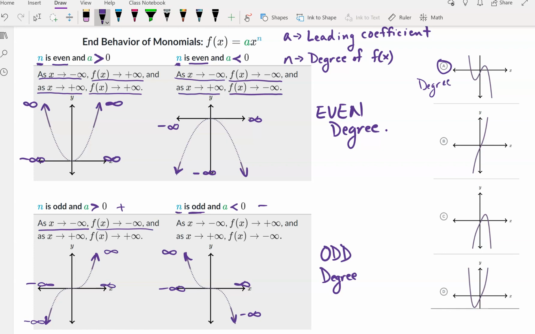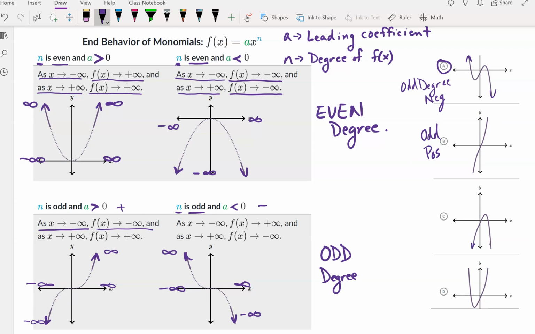But it's going to have an odd degree, and the leading coefficient is negative because it kind of goes down from left to right. This one would be an odd degree, okay? So this one would be an odd degree, but this time the leading coefficient would be positive, for example.